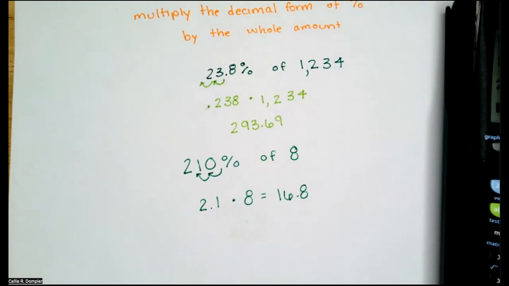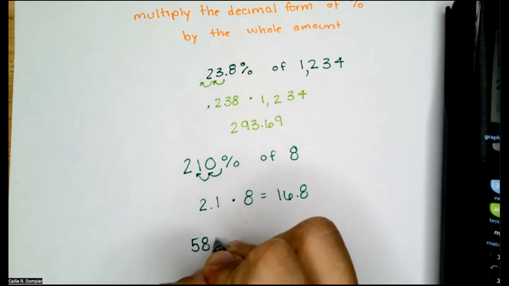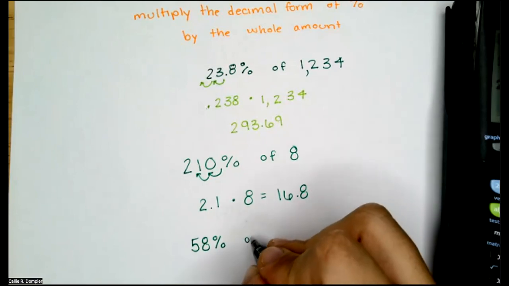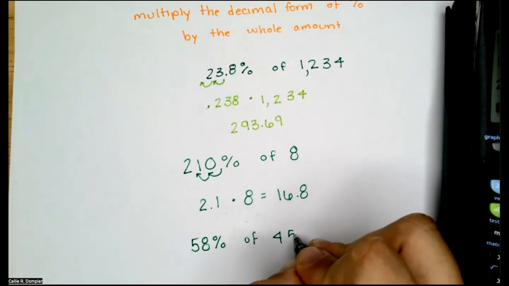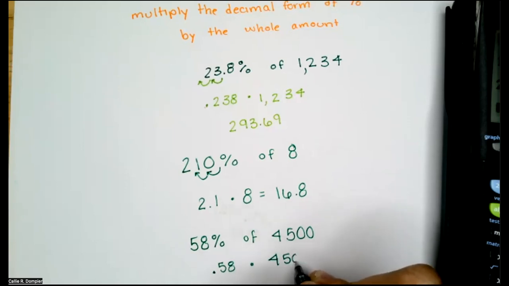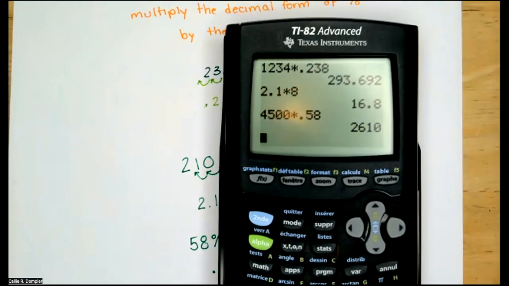In that question about the sleep study, they said 58% of 4,500, right? That would be 0.58 times 4,500. But they said how many, those are the people who do not sleep enough.